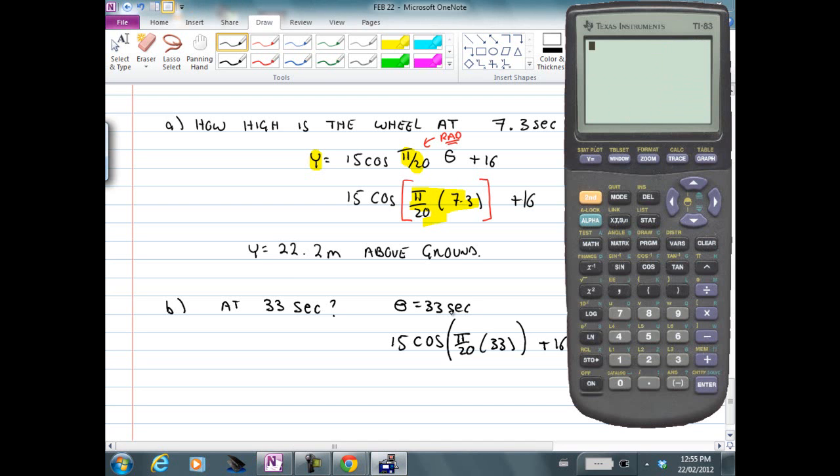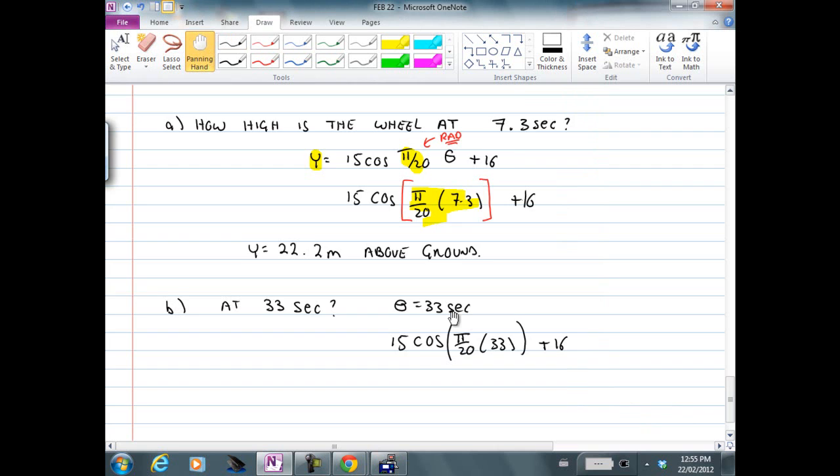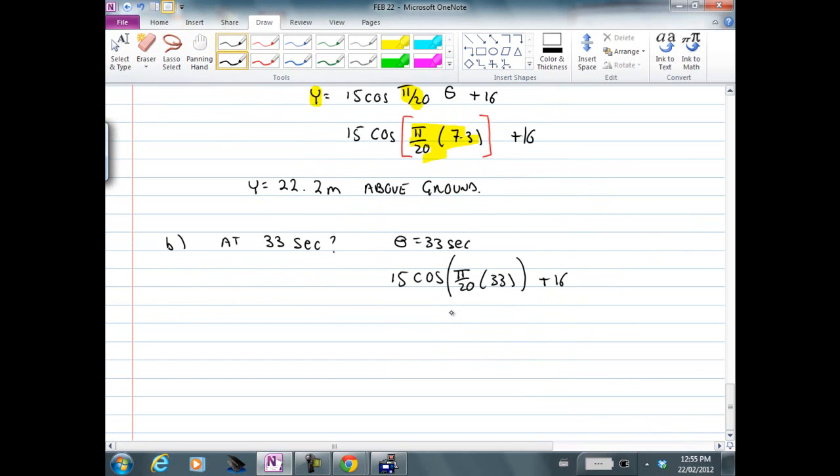Make sure it's in radians. 5.1836 times 15 plus 16. Hey, 22.81 meters. So, guys, pretty easy stuff. Here is where graphing calculator comes in handy.